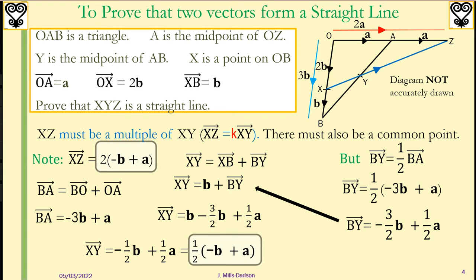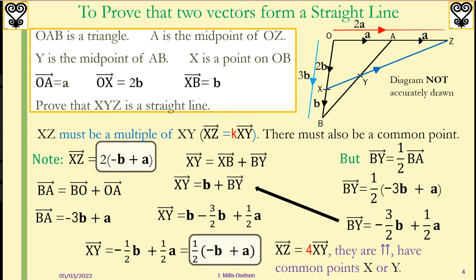That is why we say the two vectors form a straight line. And of course, 2 is a multiple of half, because 4 lots of half makes 2. So that confirms that vector XZ is 4 lots of vector XY. And they are parallel first, and they have what? A common point, either X or Y. So the common point and being parallel confirms that they form a straight line.